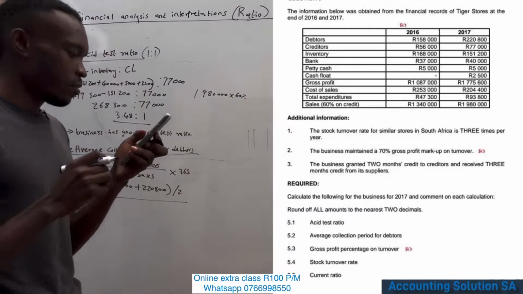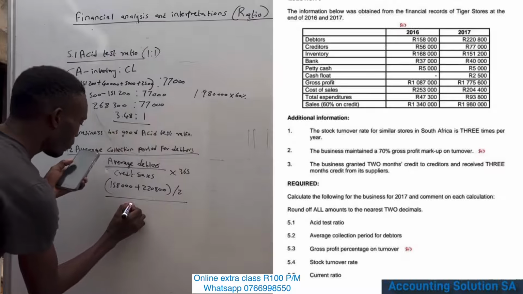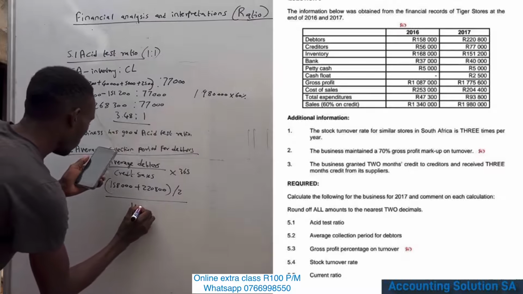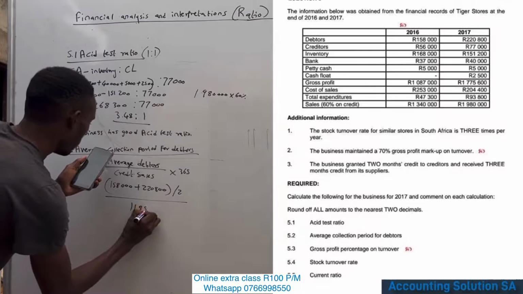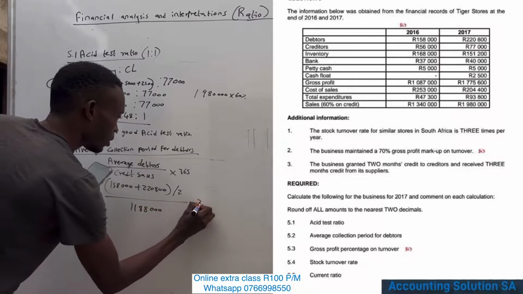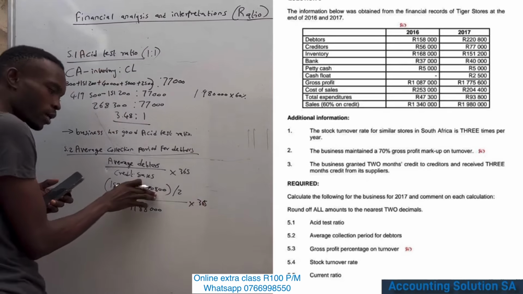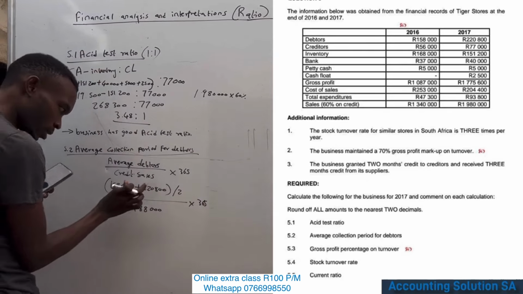Okay, if you do these calculations, you are going to get an amount of 1,188,000, multiplied by 365. So it's best for you to add these 2 together and divide by 2, get the answer and put it here.